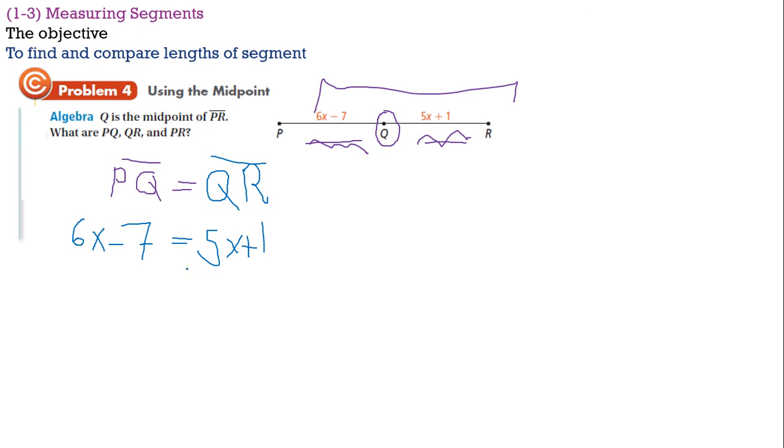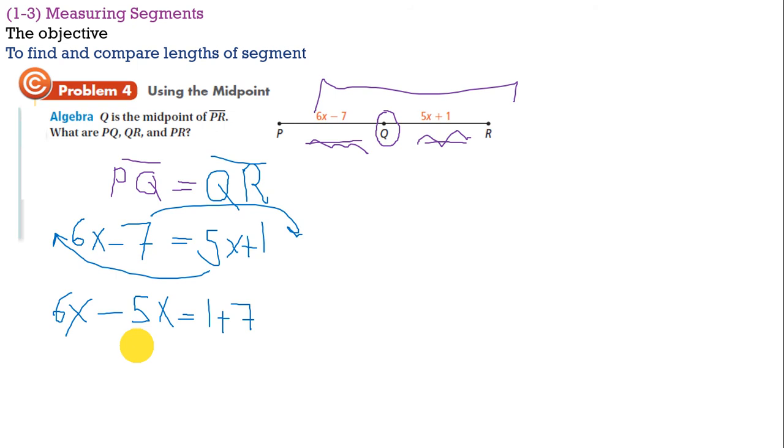You will solve it as a regular equation as usual. So let's move the 7 here and let's move the x here. So 6x minus 5x is equal to 1 plus 7. That is 1x, which is x equals 8.